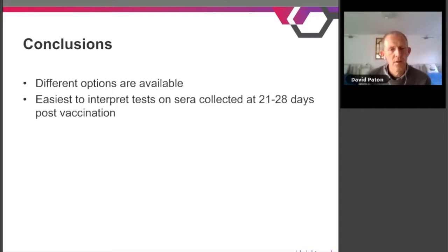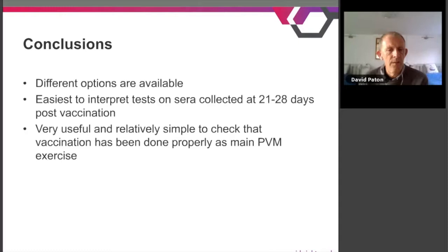It's easiest to interpret tests on sera collected at 21 to 28 days post-vaccination, because that's when most data is available from vaccine manufacturers about the performance of vaccines.